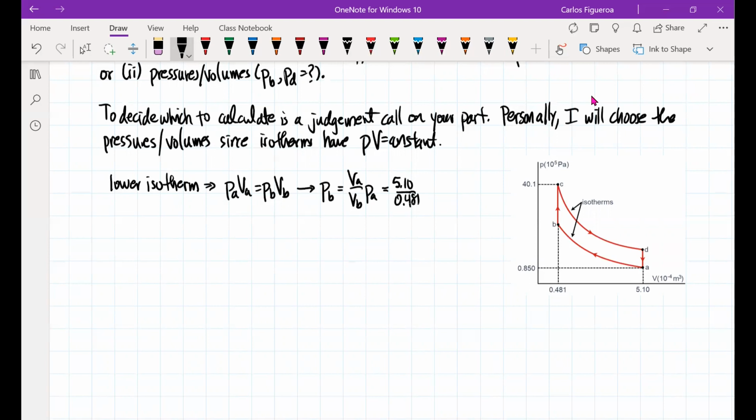And then the pressure at A is 0.85 times 10 to the 5 pascals. So then if I look at this number, I get 9.01 times 10 to the 5 pascals. So now I have my pressure at B.